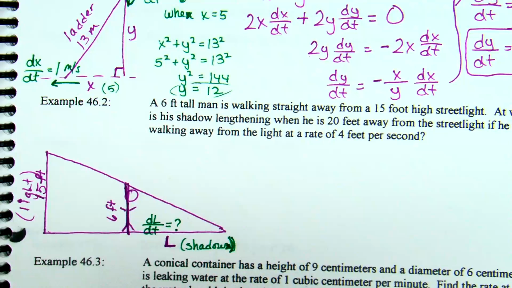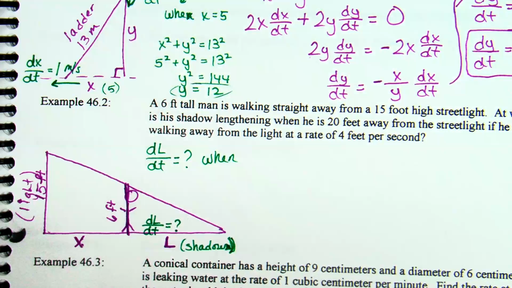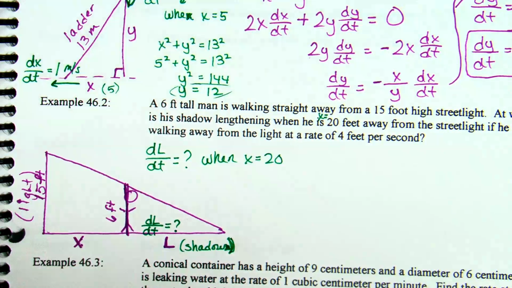I'm just going to call this X, so between him and the street light is X. When he is 20 feet away, that's saying when X equals 20.